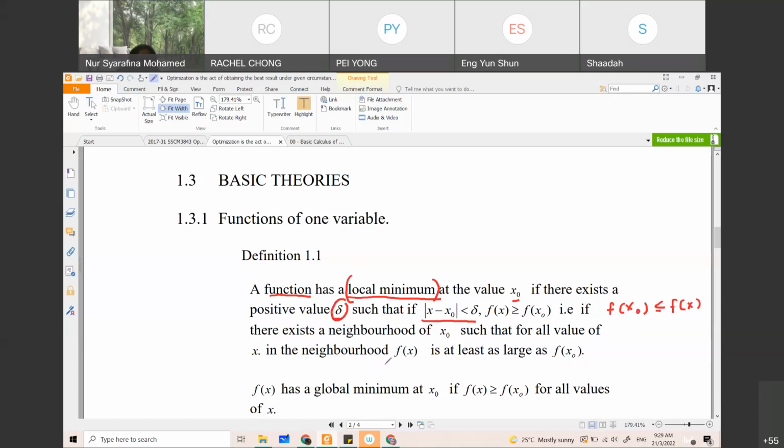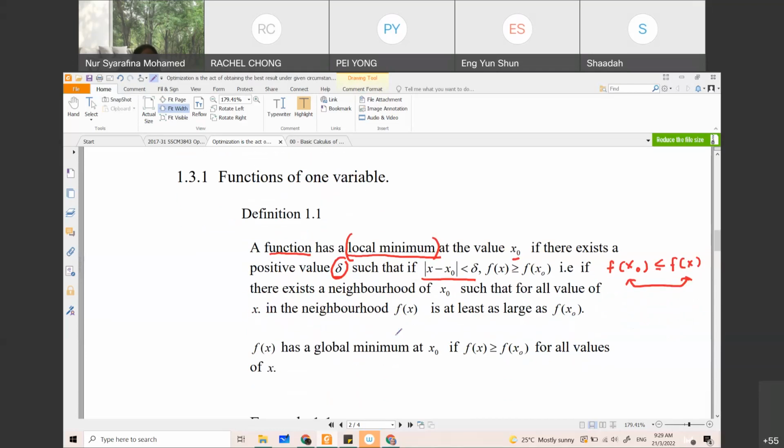So in the neighborhood, f(x) is at least as large as f(x0). So it is actually more or less like that. Okay, do you understand? So that is local minimum. Now, what is global minimum? f(x) has a global minimum at x0 if f(x) ≥ f(x0) for all values of x.